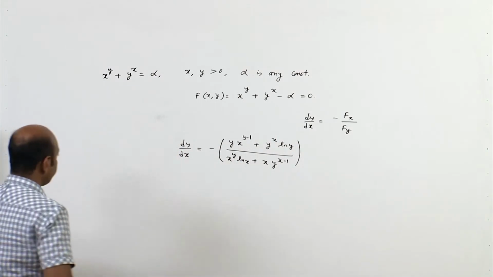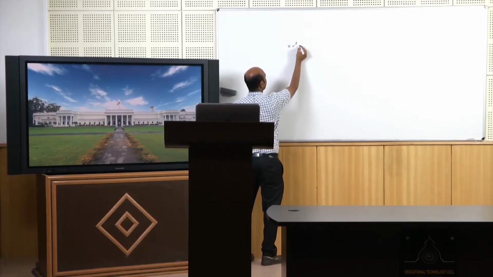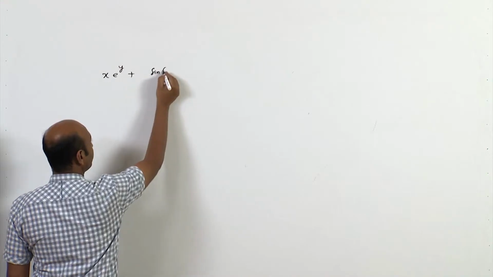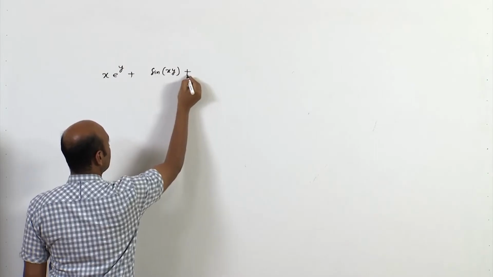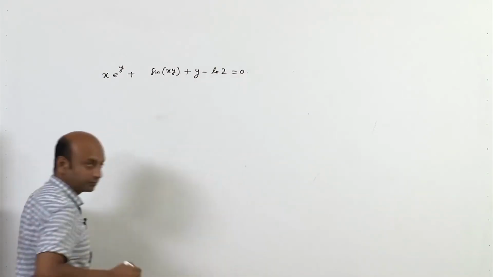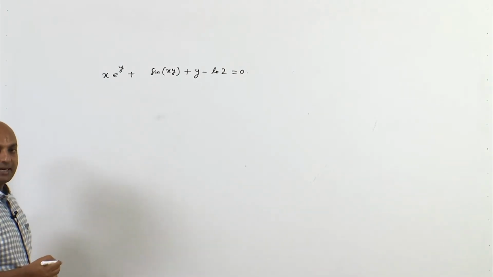Now the second problem is x e raised to power y plus sin xy plus y minus ln 2 equal to 0, and again you want to compute dy by dx.